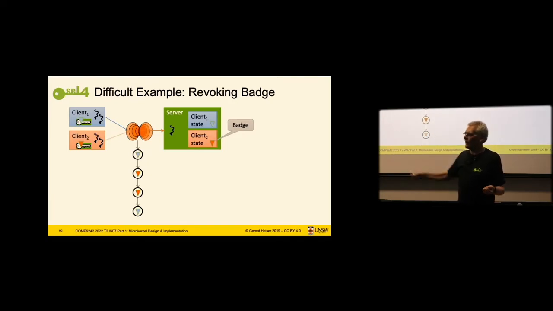The server hands out batch capabilities, send capabilities on the endpoint, so it can use the batch to distinguish state held on behalf of the clients. And if, say, one client misbehaves, it wants to revoke that particular batch, so it needs to remove any thread in this queue that has the batch that is being removed.